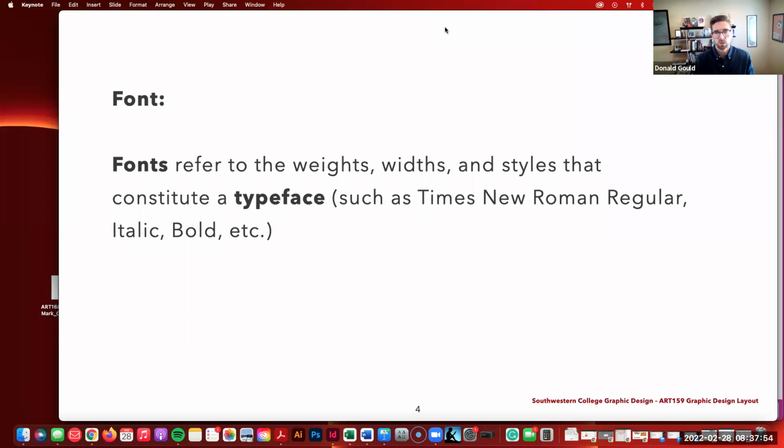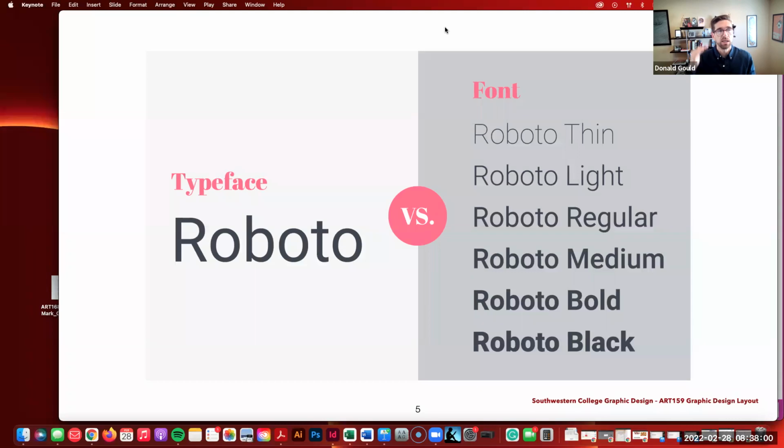So you can really think about the typeface as the umbrella and the fonts being the individual components underneath that umbrella. Does that make sense? This is something you should practice when you're talking within design, using the correct terminology, because it shows that you have some understanding of the difference.